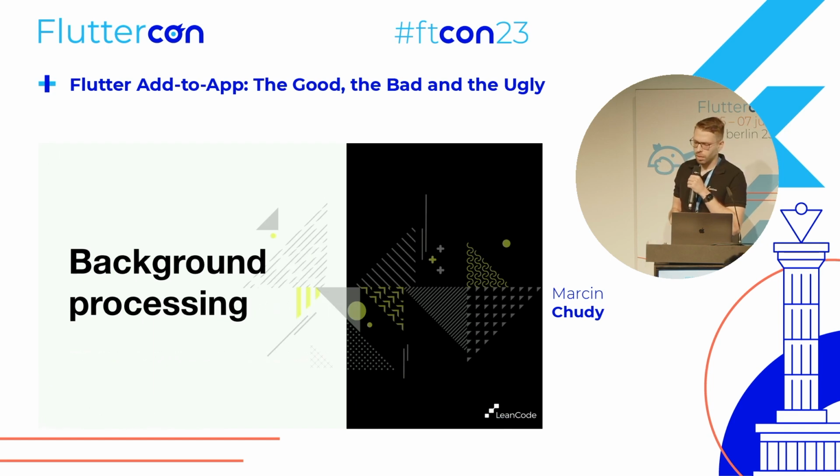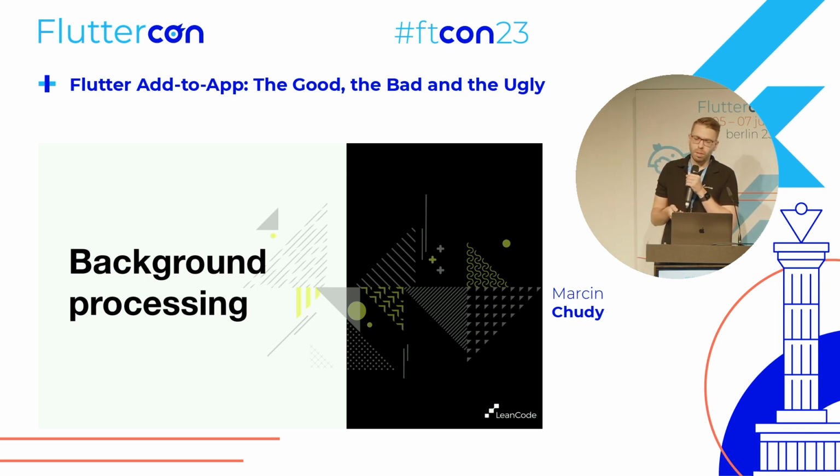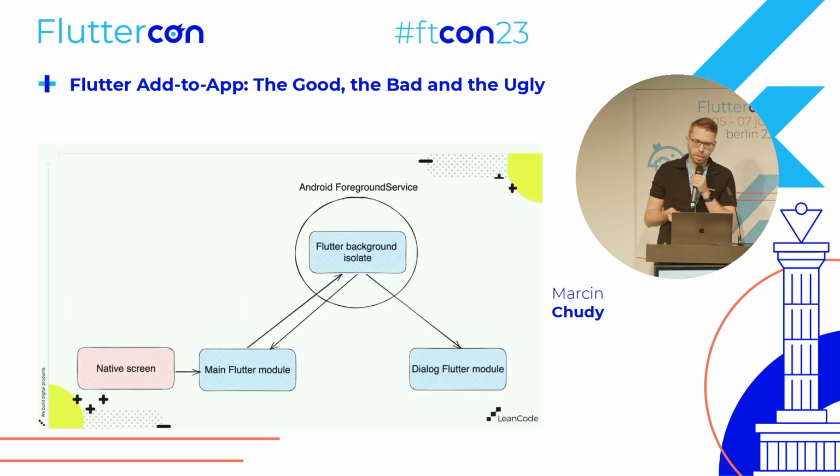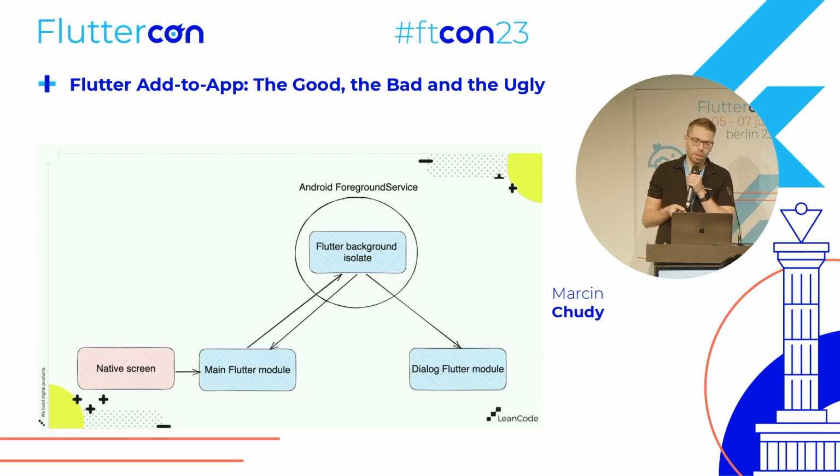And something that's interesting about our project, which I think is not that typical for add-to-app scenarios, is that the feature that we re-implemented using Flutter was using some background processing. So a simplified diagram of our architecture looks like this. We had a native screen.